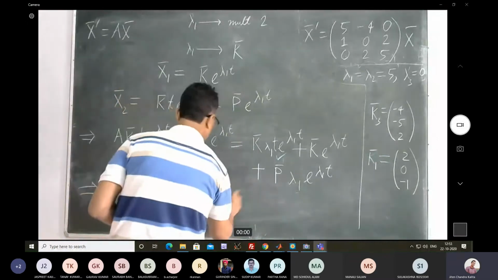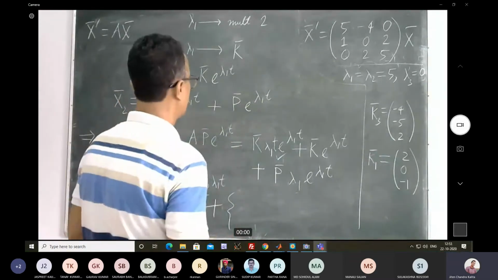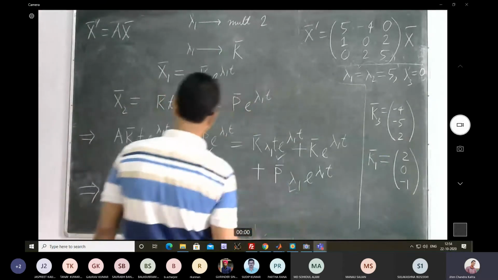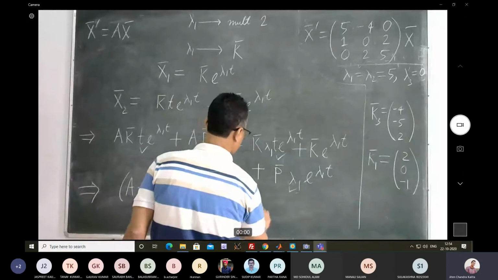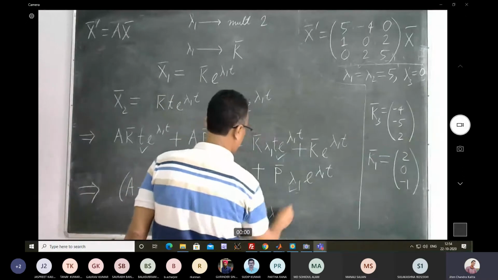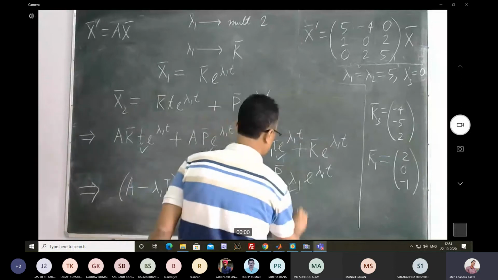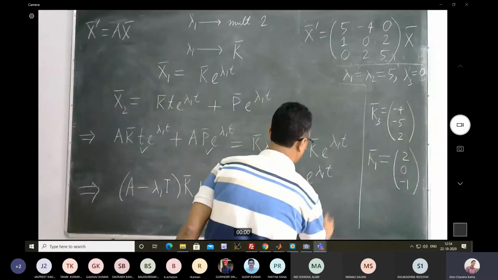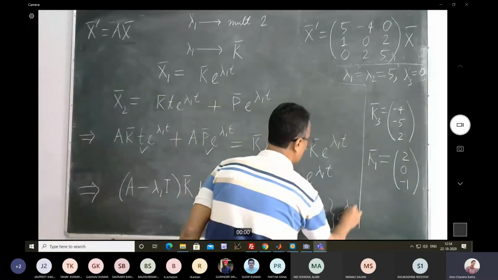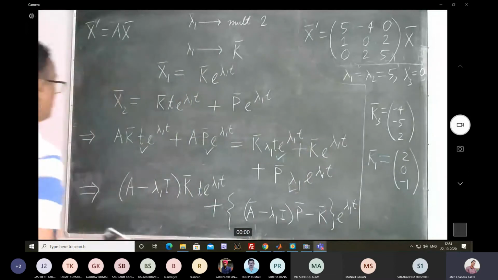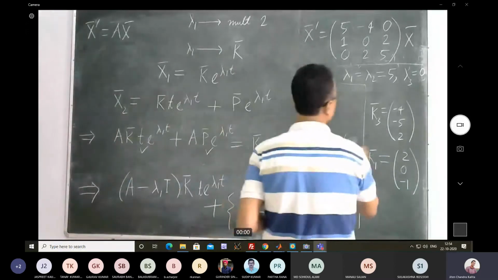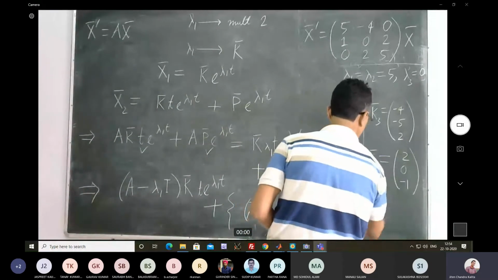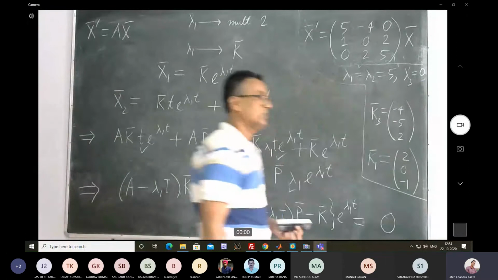And from this and these, I can write it as A minus lambda 1 I p, and then minus k e to the power lambda 1 t. Is it okay with everybody? Fine. And this is equal to 0 bar or 0?